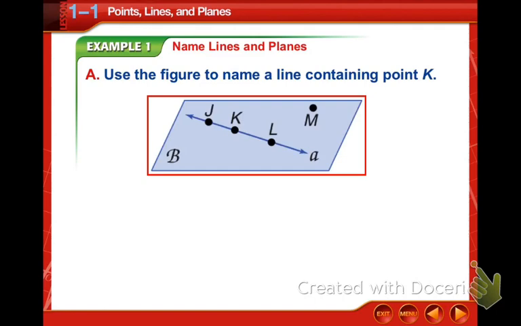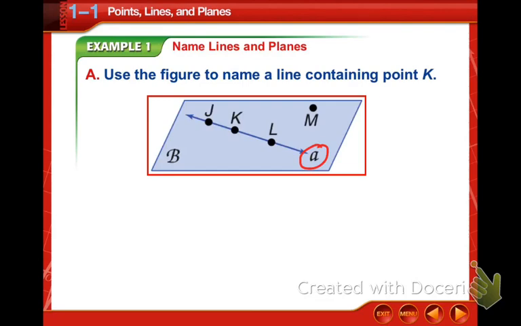So when you're naming a line or a point or a plane or a ray, a segment, anything like that, you just have to use the symbols or the name, like the wording of it. So this is a line, so you can say line, whatever. And then sometimes they'll give you these little squiggly letters here, like A. That's naming the line right there.